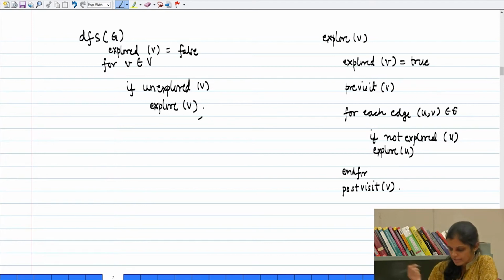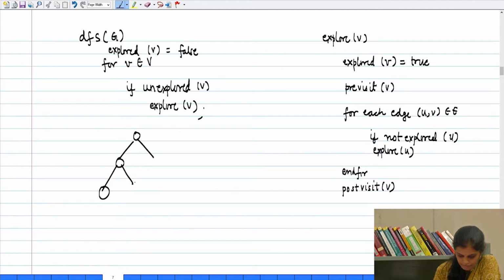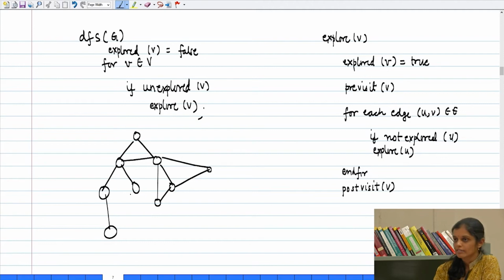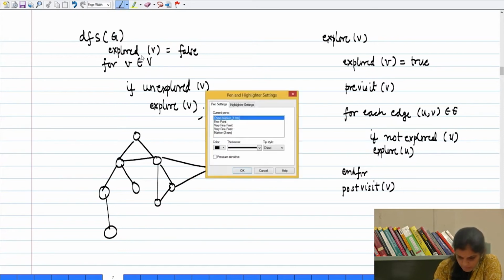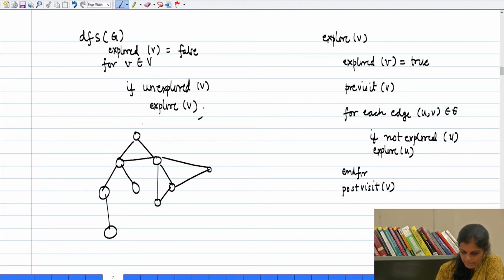Let us see an example so that we are clear what happens during our exploration. We will see this on undirected graphs first, and then we will possibly move to directed graphs. Okay, so let us start our DFS exploration, and I will start it with a different color. I start at, let's say, S, and I explore this vertex.